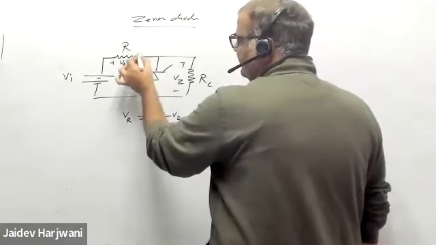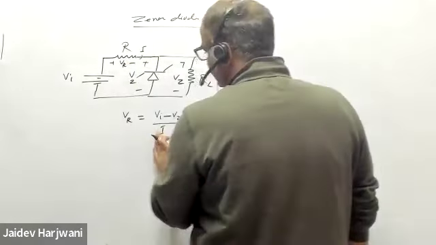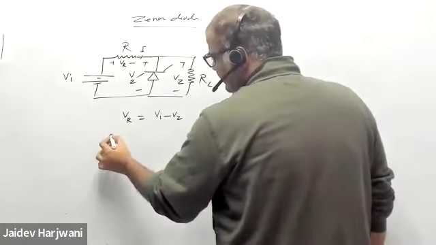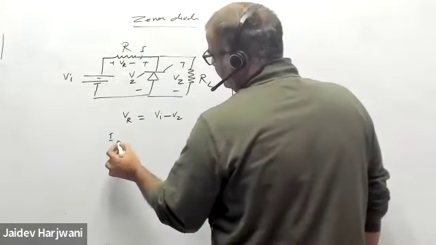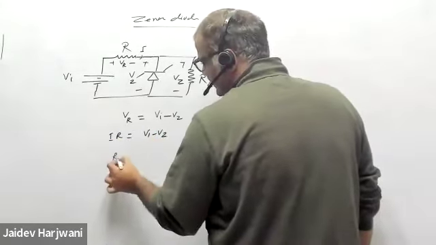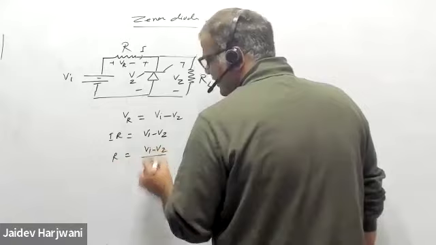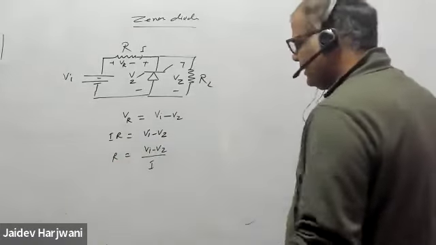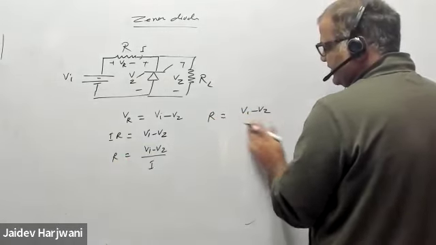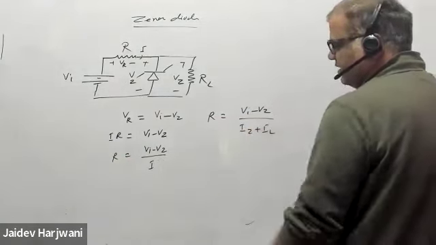If current I is flowing, VR is I into R, so VI minus VZ means R is equal to VI minus VZ upon I. And I can write I as nothing but IZ plus IL.